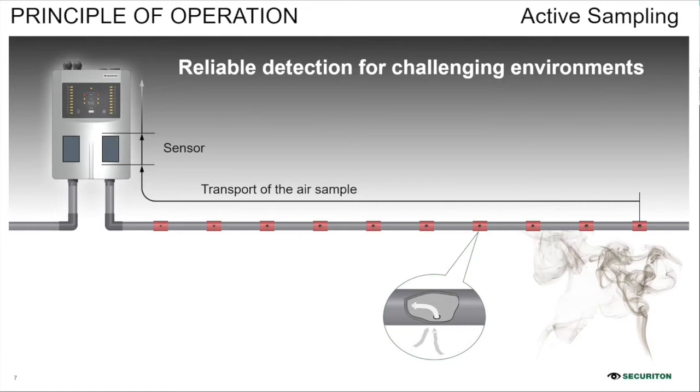This is not the case with passive detection systems, passive devices that are generally only electrically monitored with no ability to determine if smoke actually reaches the detection element.